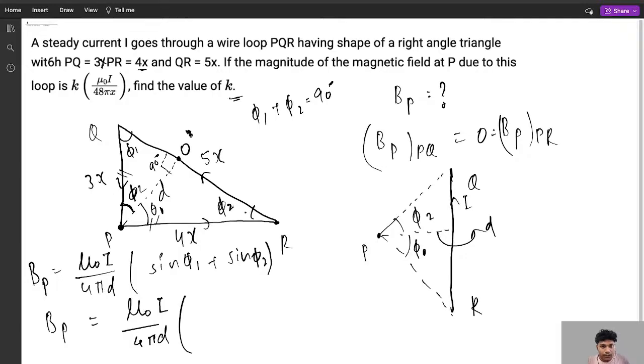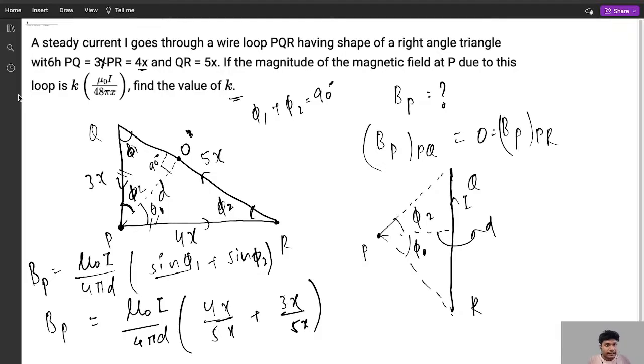That is B at P, the magnetic field at P. Sine theta 1 is 4x upon 5x, plus sine theta 2 is equal to 3x upon 5x.